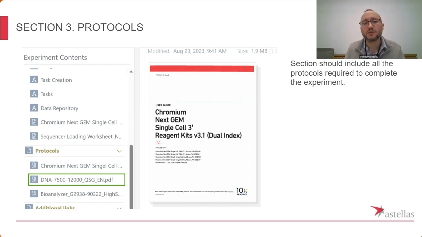And as they are performing the experiment, they can go back to the previous step and input, for example, timestamps for when each step was performed, check lot numbers, like I said, and also give a time when the experiment was completed.